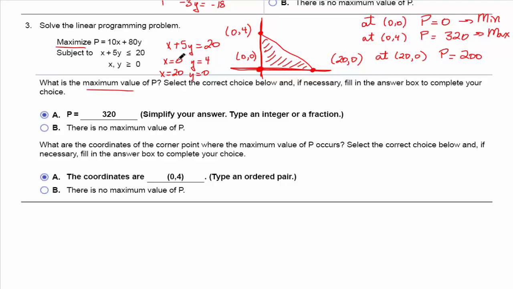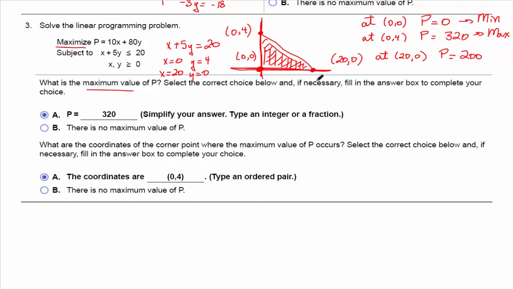So x is 0, y is 4; y is 0, x is 20. It's a solid line because of the inequality. Now I want to pick a point to test, so I can pick again 1, 1, and 1, 1 does work, and so the shaded region is everything inside of there.